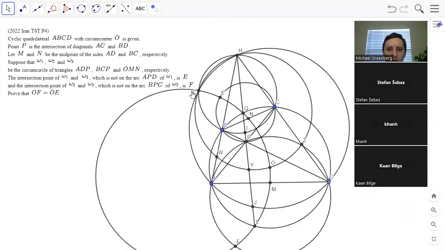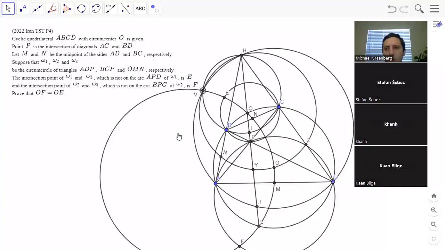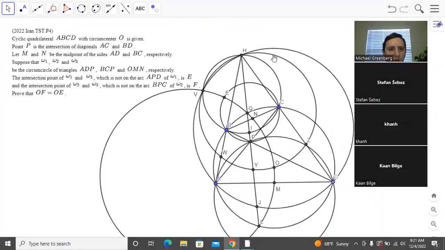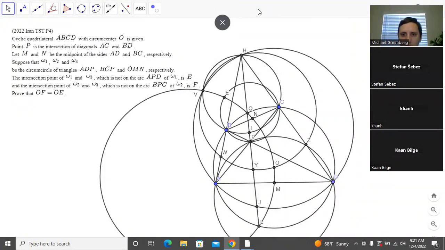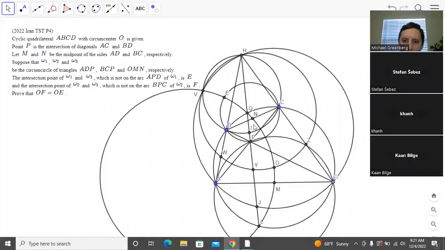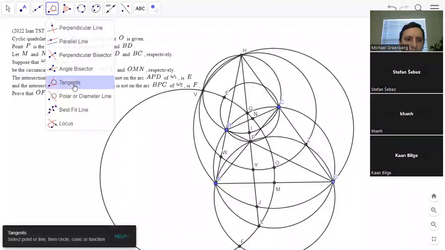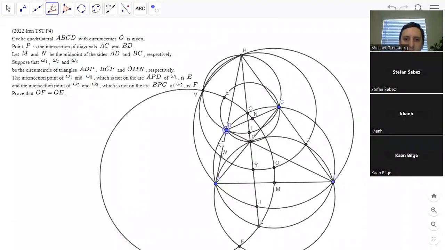All right. So we invert around the circle ABCD. Point N goes to the intersection of tangents at B and C to ABCD. That is self-explanatory.